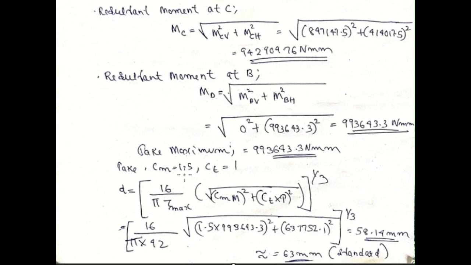CM and CT are the fatigue loading factor and the torsional loading factor. These are constants we have to learn: CM as 1.5 and CT as 1. The remaining part you just have to substitute in the equation. We will get the value of DS as 58.14, but we cannot take that value. There is a standard table value in the data book, and based on that, the next standard value will be 63 mm. So that is the diameter of the shaft based on this condition.